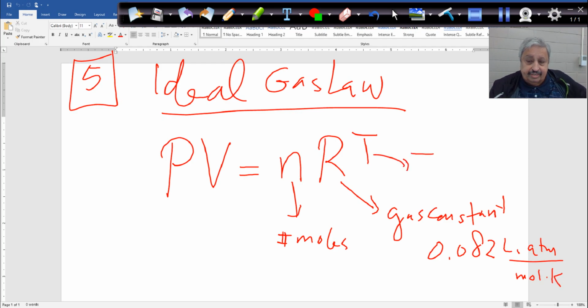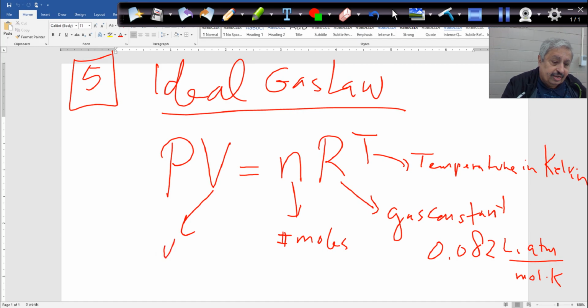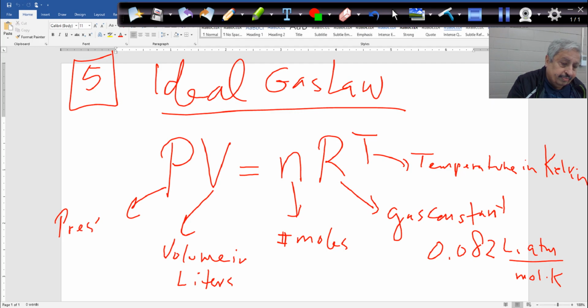T is the temperature in Kelvin. And V is volume in liters. And P is pressure in atmospheres, atmospheric pressure. So this is the ideal gas equation. This is number 5.